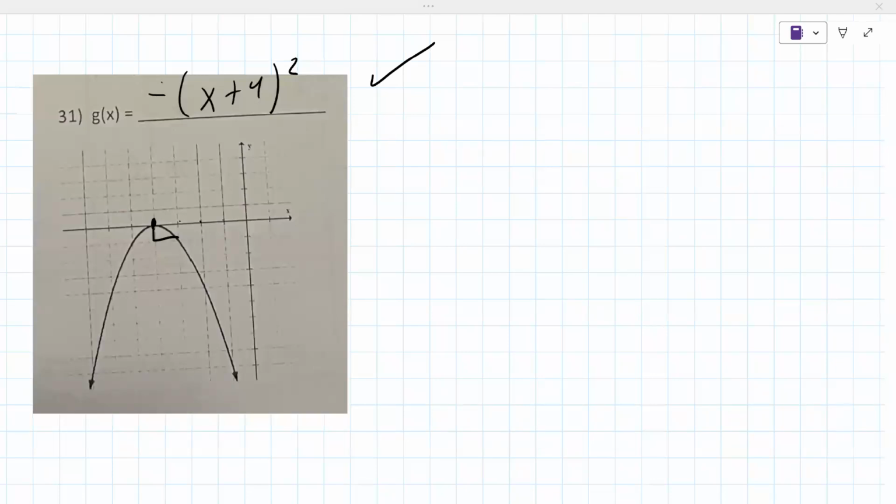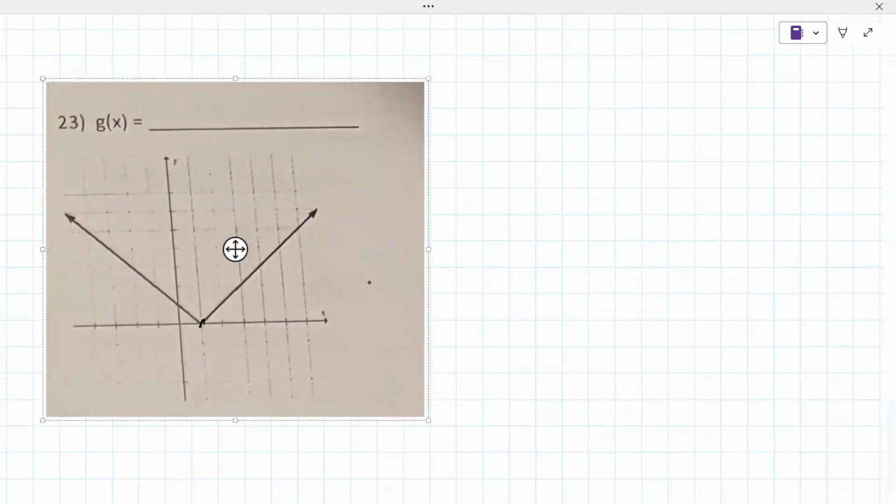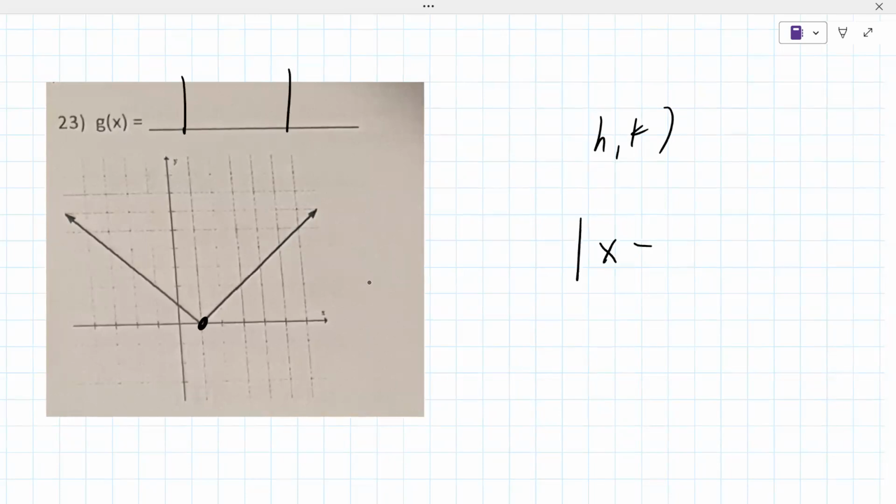All right, so absolute values are a lot like quadratics. So 23 is really very much like what we've been doing. You've got to identify the vertex at H and K. And so it's going to have the form absolute value X minus H plus K. Maybe there's an A in front, maybe not. You can see here that it's up 1 over 1.